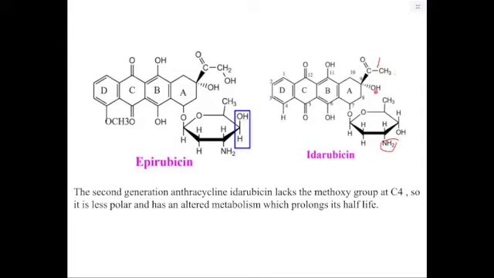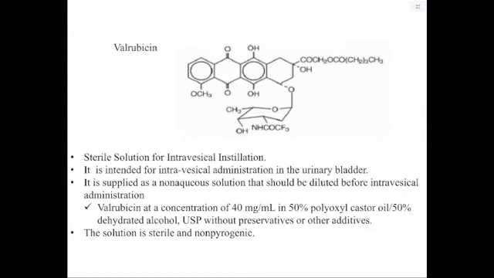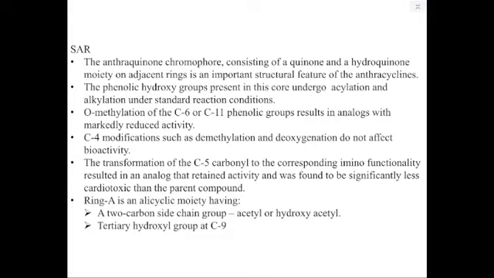There's also another hydroxyl group at position number 7 that has been derivatized, joined through a glycosidic bond to the amino sugar, which we are calling daunosamine. So: a 2-carbon side chain, acetyl or hydroxyacetyl, and a tertiary hydroxyl group at carbon 9, which we have looked at.